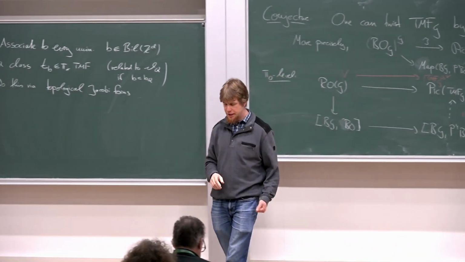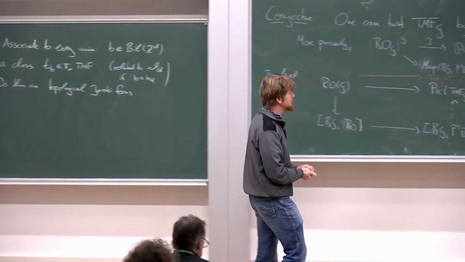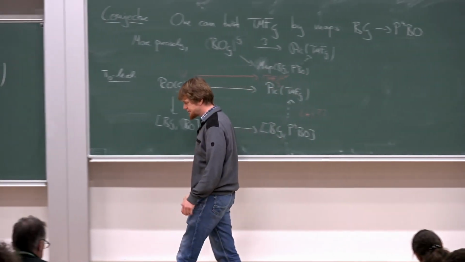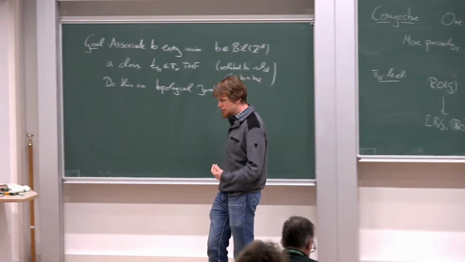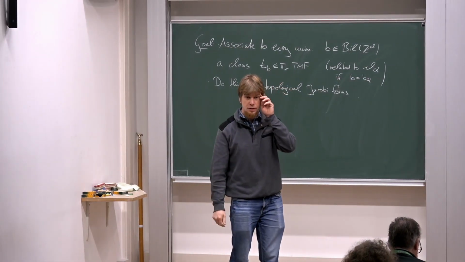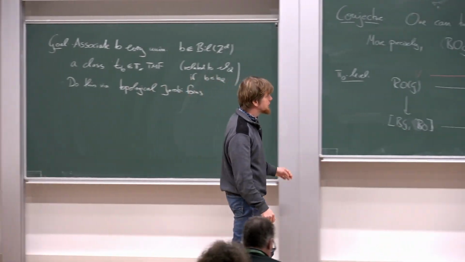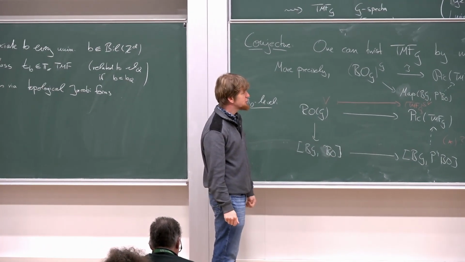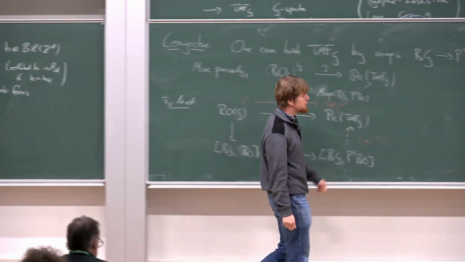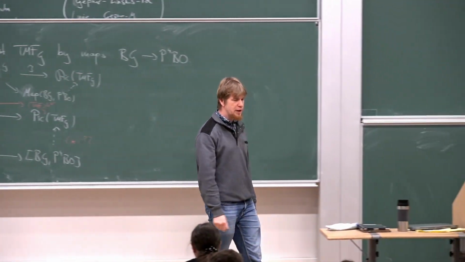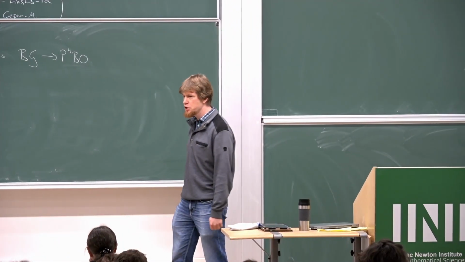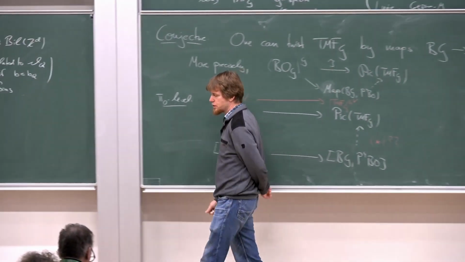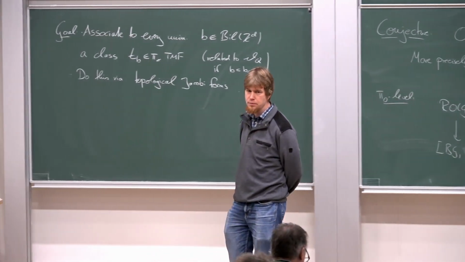Regarding evidence, there's general evidence that this has something to do with twisting. Ideally, this should come from some equivariant version of the string orientation. But no one has proved this, and even the precise formulation is a priori not clear, because you have to give the correct version of equivariant string bordism.